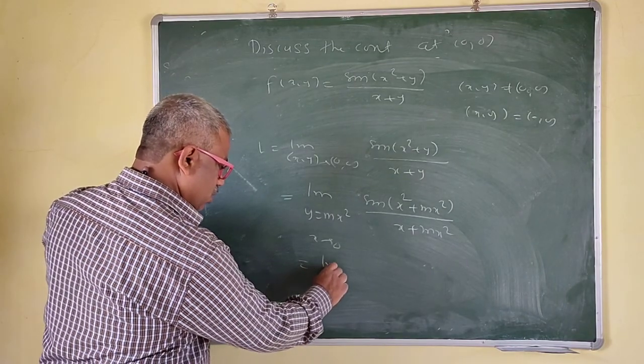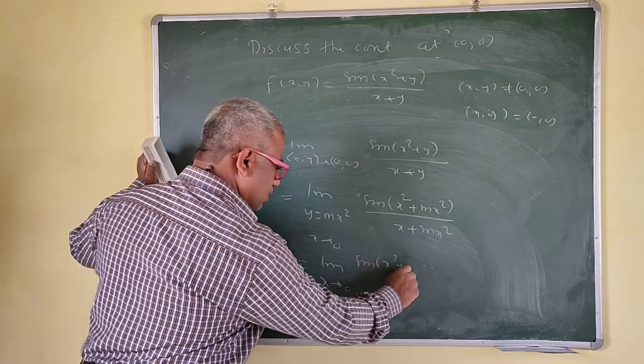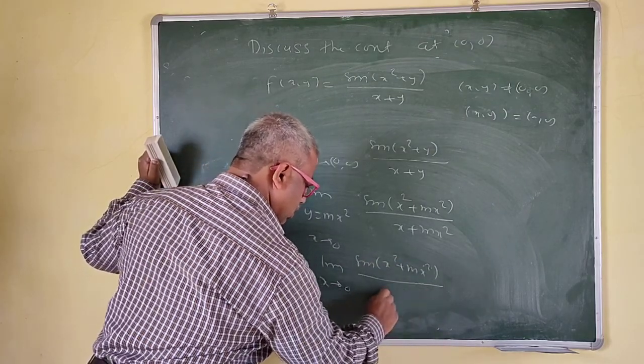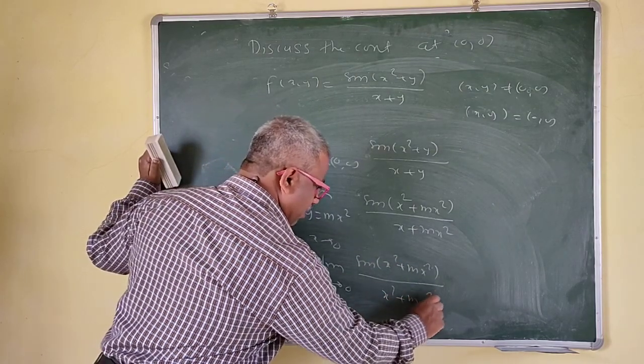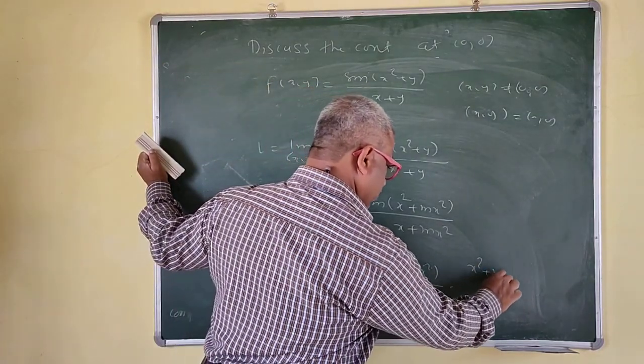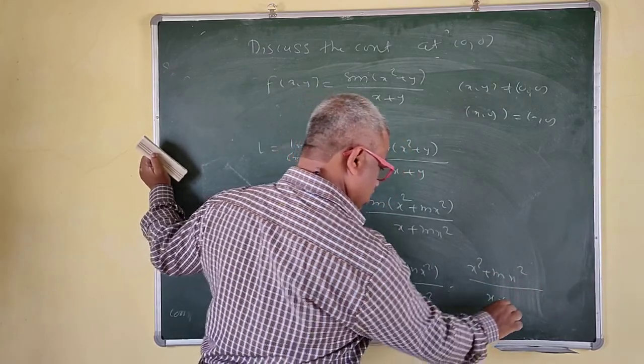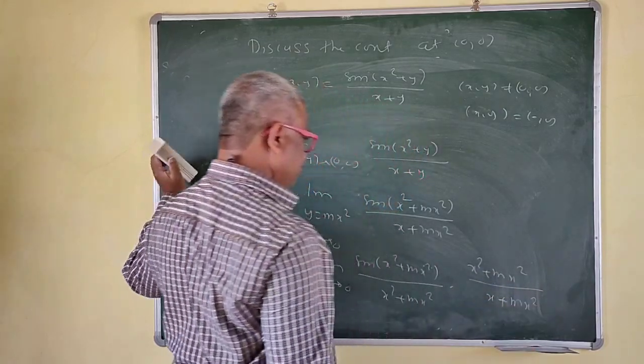This is limit x tends to 0 of sin of x square plus mx square upon x square plus mx square, into x square plus mx square upon x plus mx square.